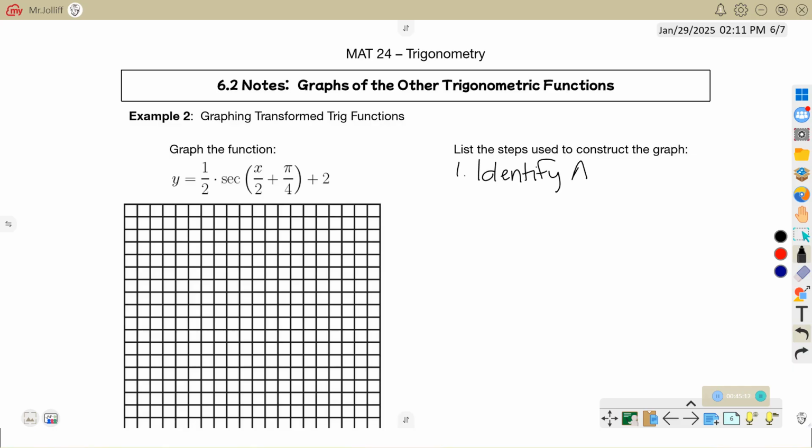We identify A, B, C, and D. If I don't know those, I can't do anything. What are the numbers that determine the shifts? A, B, C, and D. So let's do that.